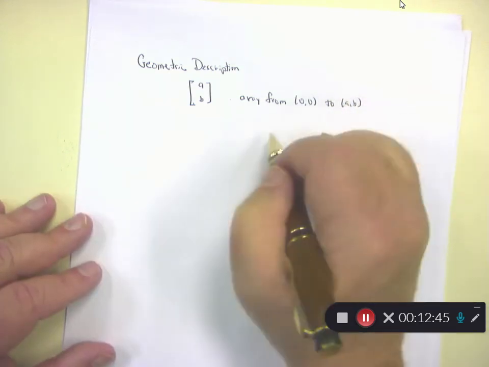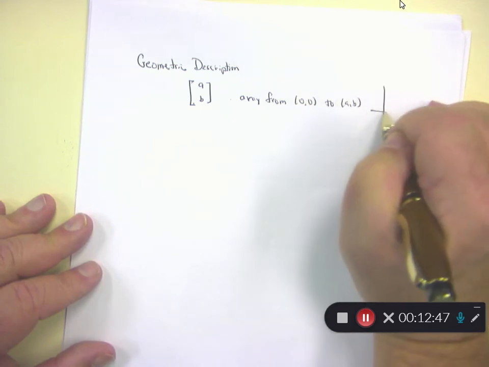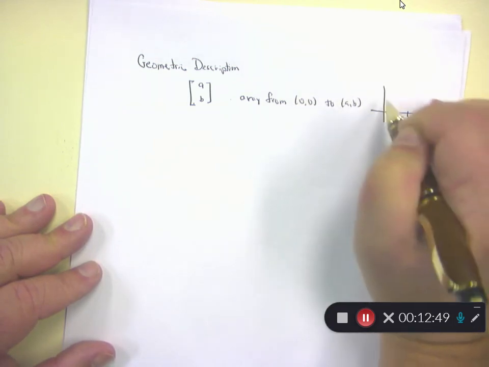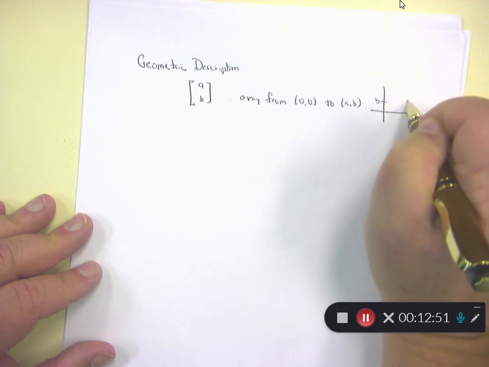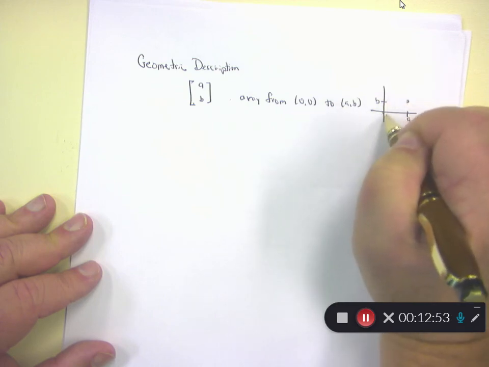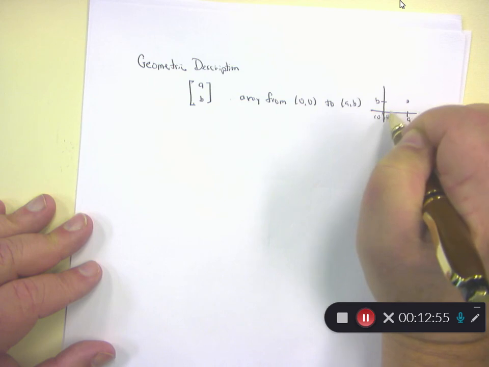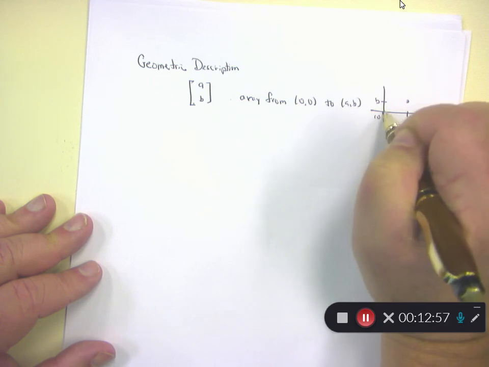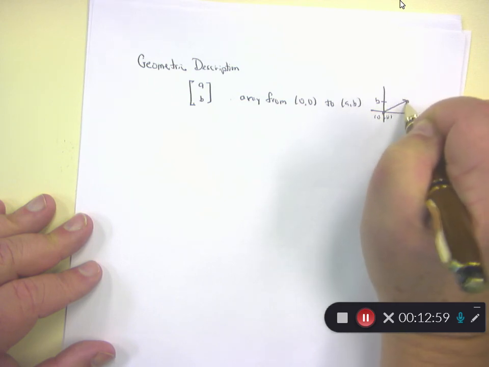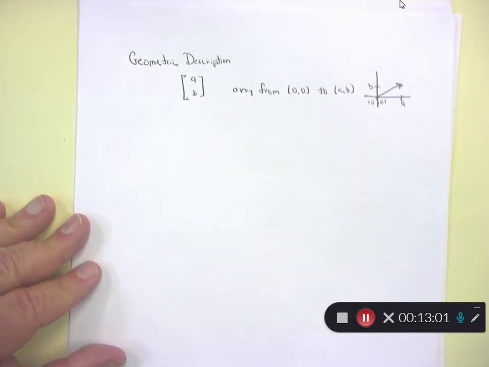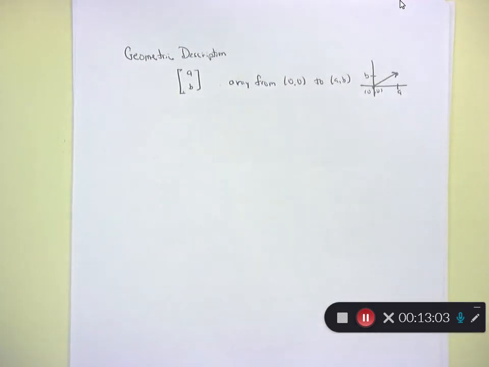So if I drew this thing out, declare this to be A, this to be B, right here, here's the origin 0, 0, and you go from the origin to where the dot is at for the AB. This is your geometric representation of the actual vector.